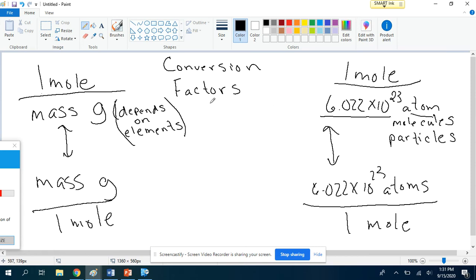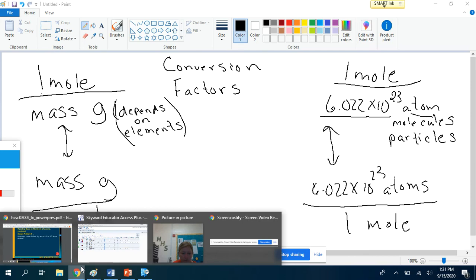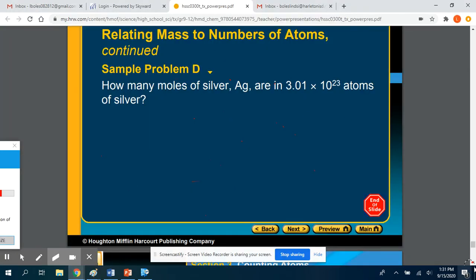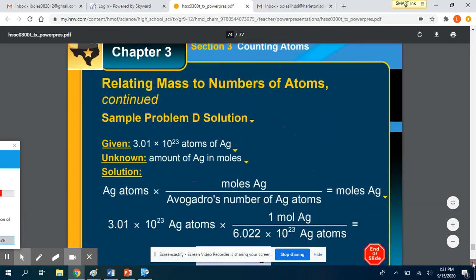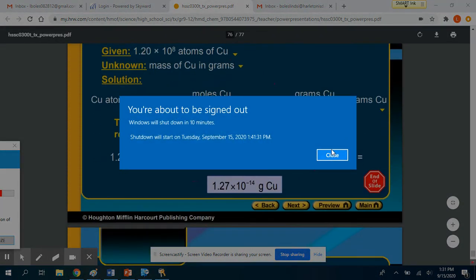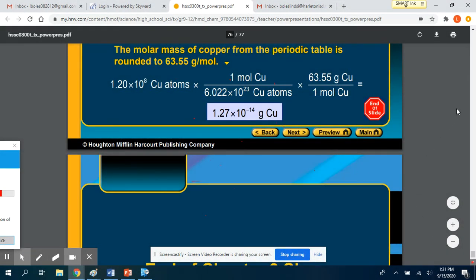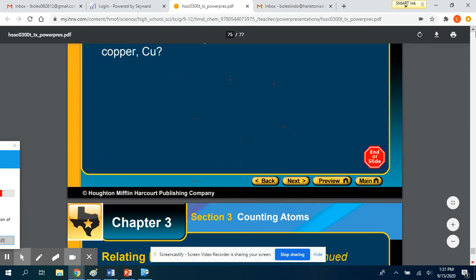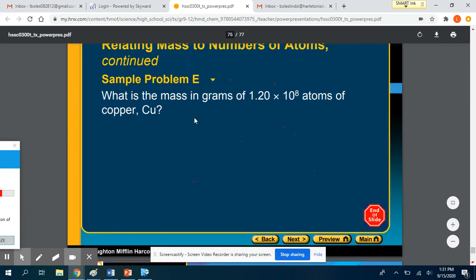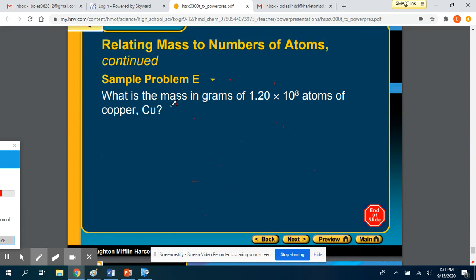So all that means is that you have to go to moles in between. So the last example problem we're going to do is one like this. They want to know the mass, and they're giving you atoms.